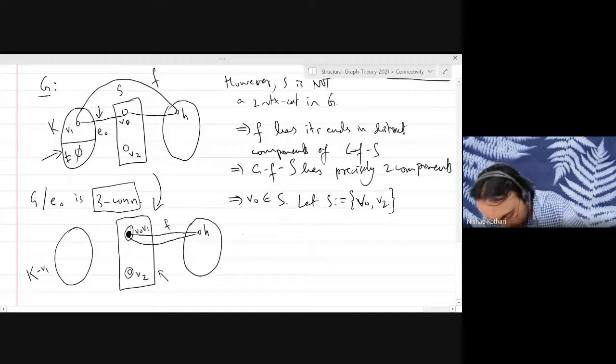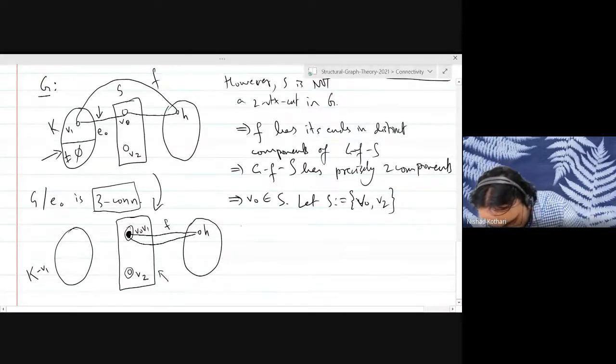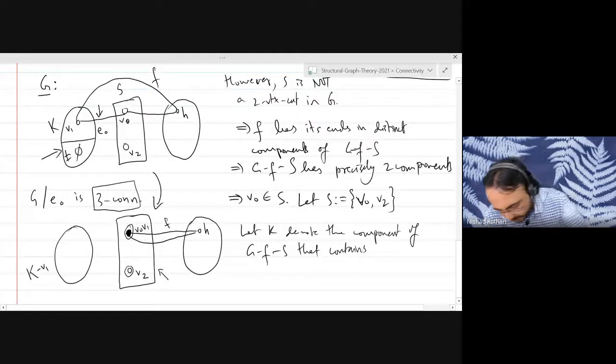Okay, note that, let me put some notation. Let K denote the component of G minus F minus S that contains V1.